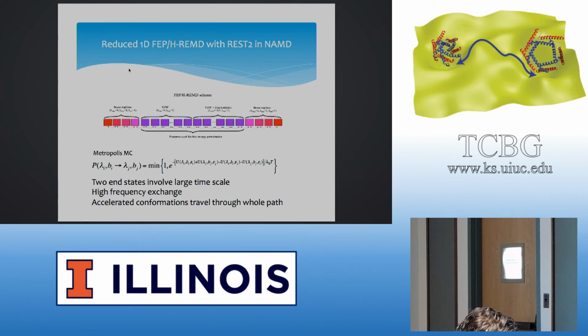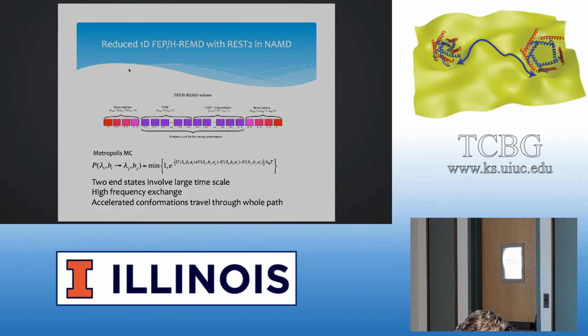After the FEP simulation is done, we only post-process those unbiased parts. The biased part, we apply a boosting acceleration. We discussed it. All replica exchange is still controlled by Metropolis Monte Carlo. Here the lambda exchange is the thermodynamic coupling parameter. The B is the binding strength of REST2.